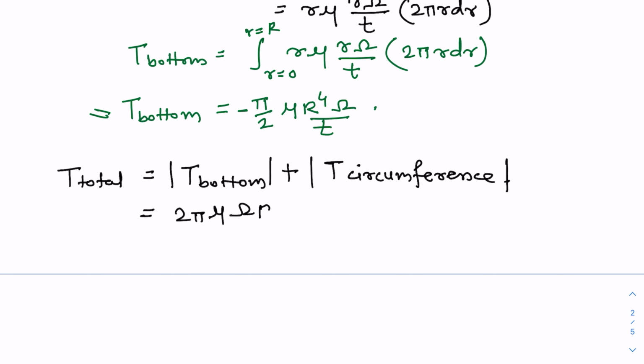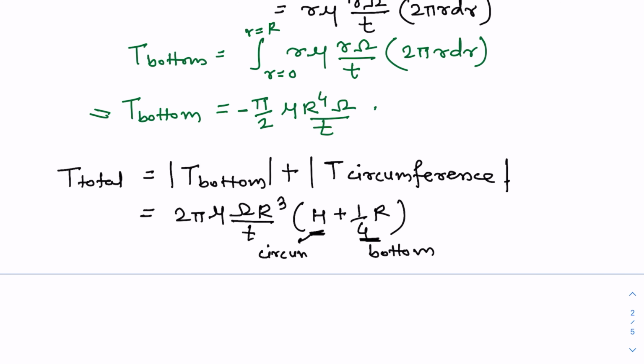I'm giving you a simplified form of this addition. And so this is the circumferential part, and this is the torque on the bottom. Yeah, so that is the expression for total torque.